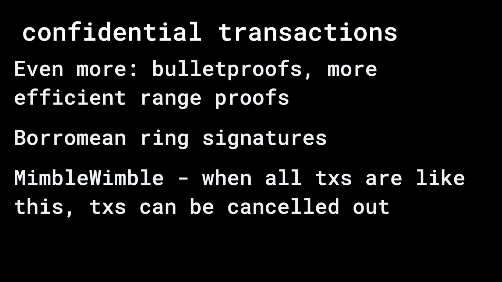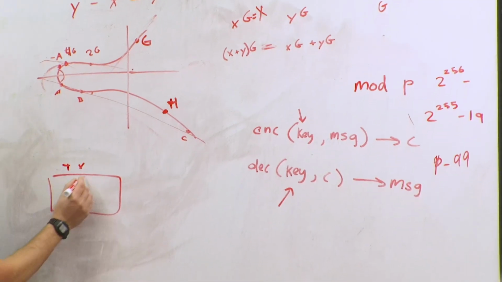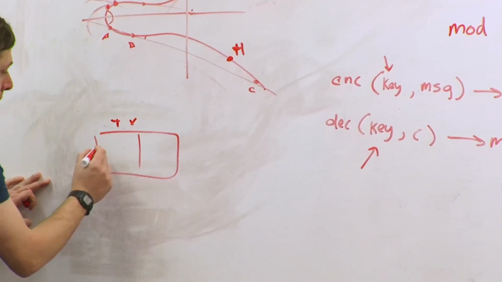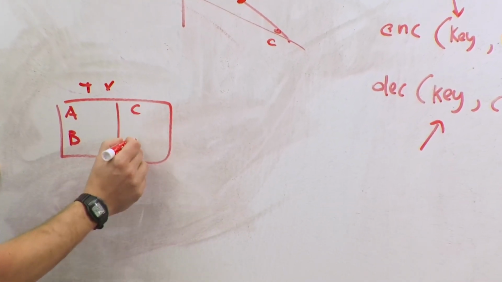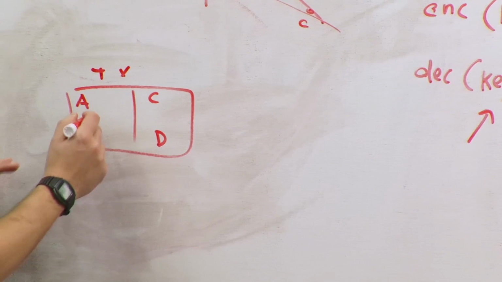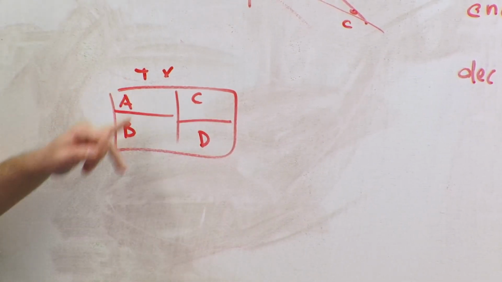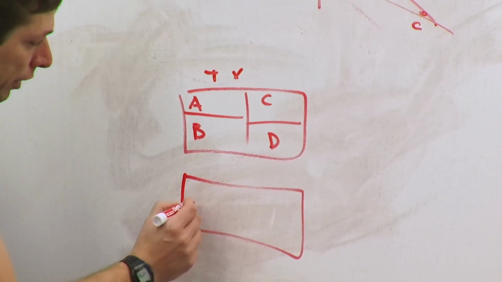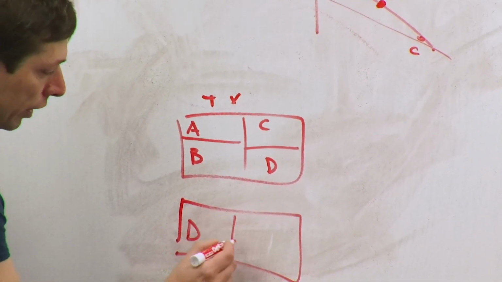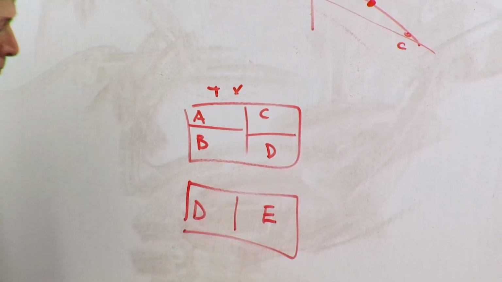So just a hint about Mimblewimble: say a transaction has obscured amounts, where A is being consumed, B is being consumed, C is being created, D is being created. These are amounts. And then I see later in the block another transaction which spends D coins and sends to E coins.